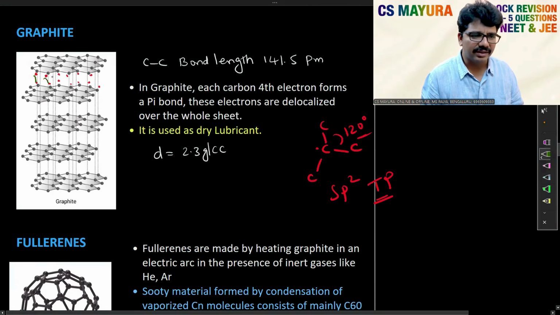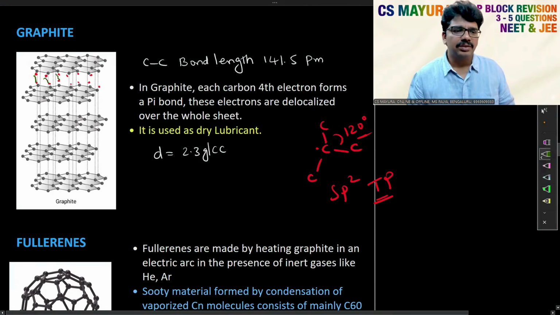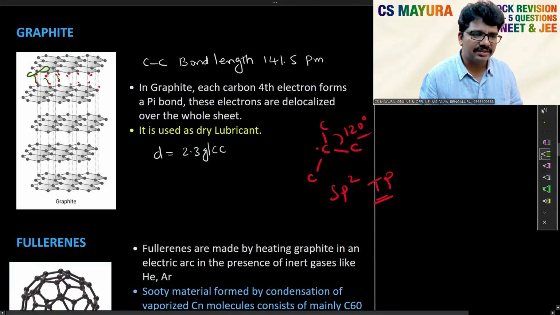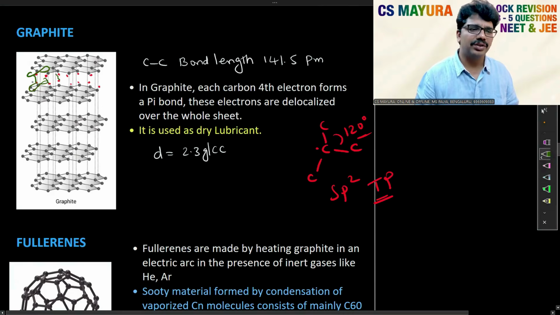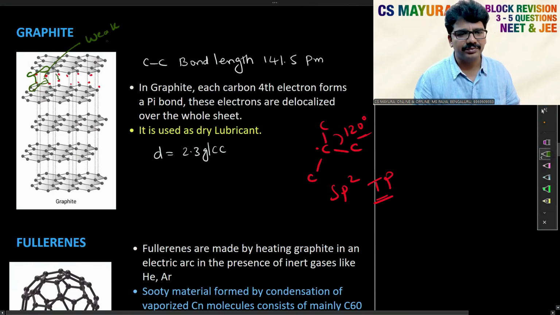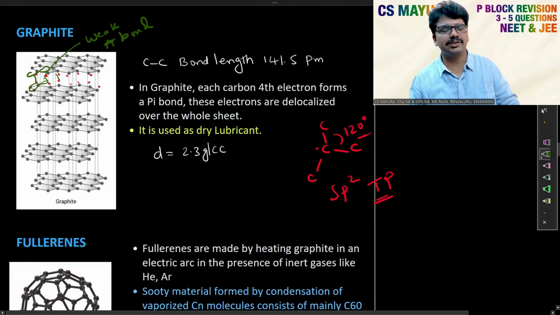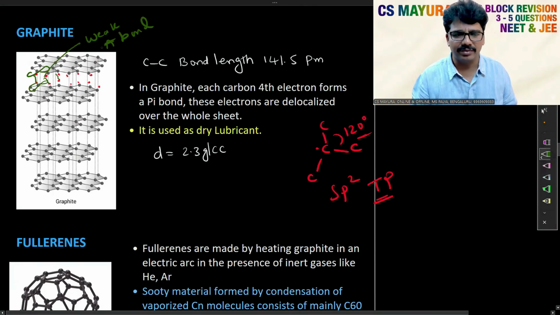This orbital and this orbital undergo sidewise overlapping, but the distance is more. So due to the greater distance between the orbitals, a weak pi bond is formed. That bond can be called a pi bond, but it is not like a normal pi bond. It's a weak pi bond.